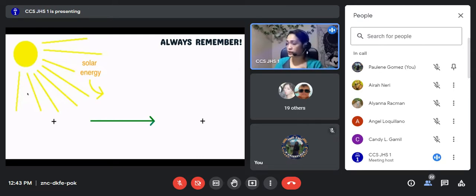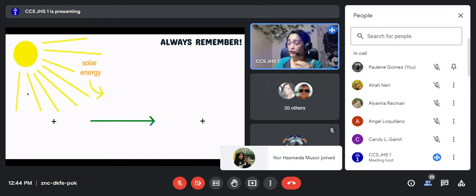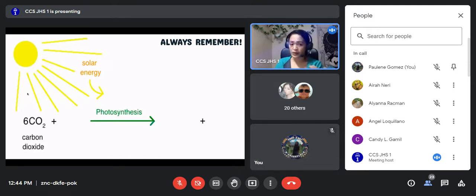we have, of course, the solar energy as the initiator or activator of this process so that photosynthesis will take place. But this process is dependent on two important ingredients, or reactants, or input, as they are also called. We have the carbon dioxide gas and, of course, the water molecules.